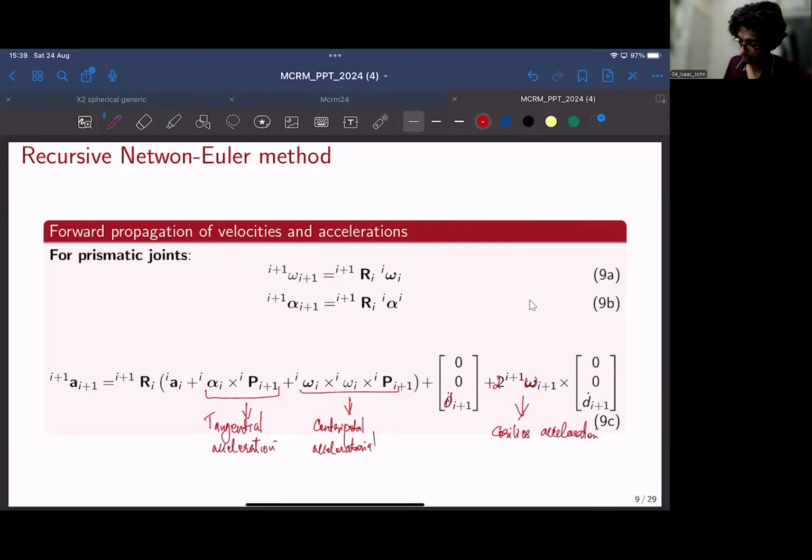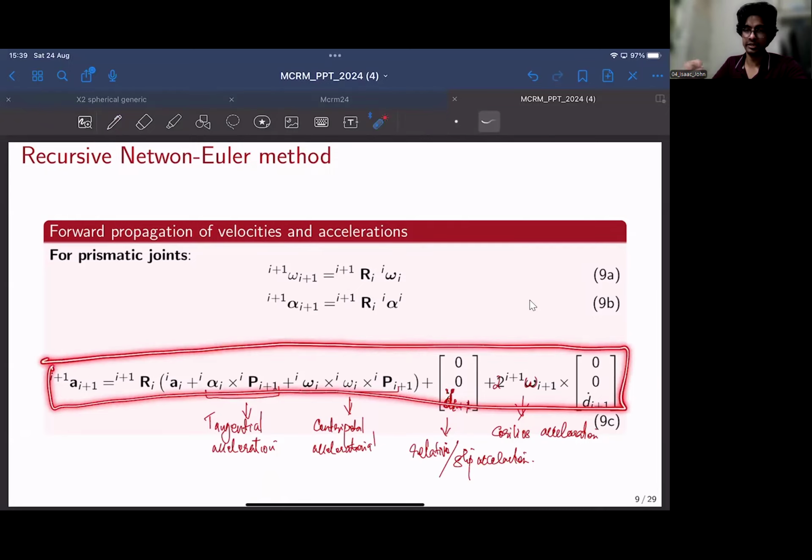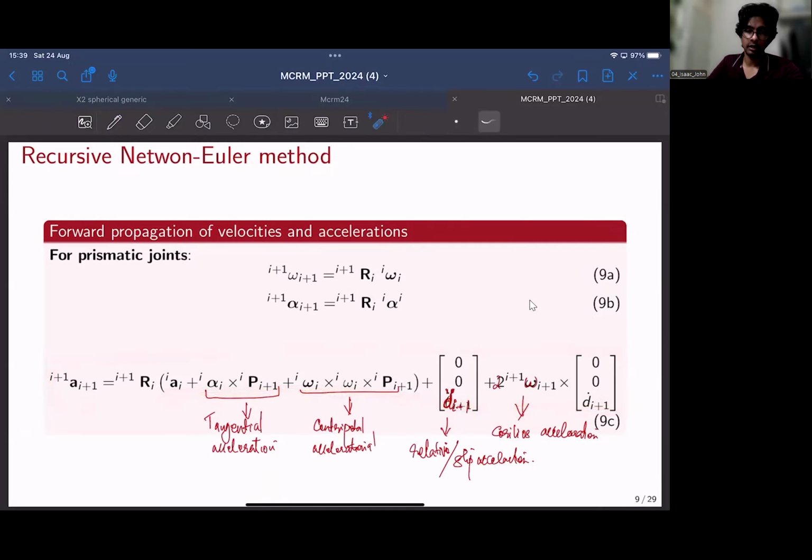And this term is nothing but the linear acceleration of this I plus 1 joint. It's a mistake, it's not theta double dot I plus 1, it's d double dot I plus 1. So maybe you want to call this relative or slip acceleration. Again, deriving these equations for the propagation of accelerations is still not a big deal.